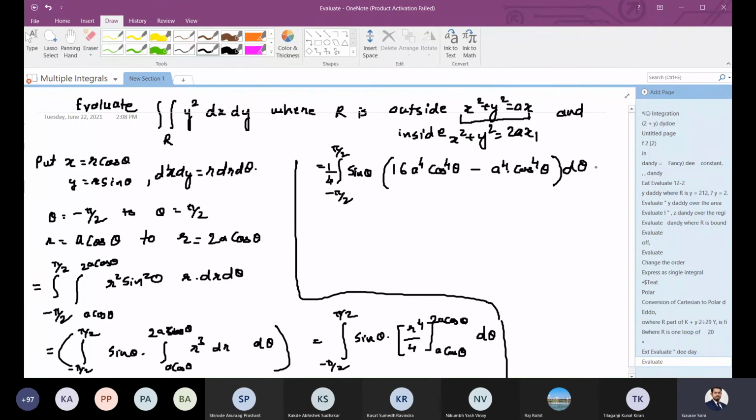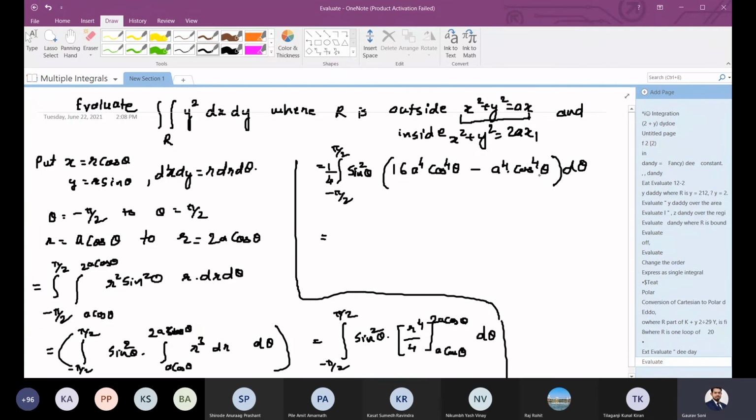Please check the calculations. Now, outside there should be sine square theta, no? Outside the integral, sine square theta should be there. That was y square, right? Yes. Thank you.